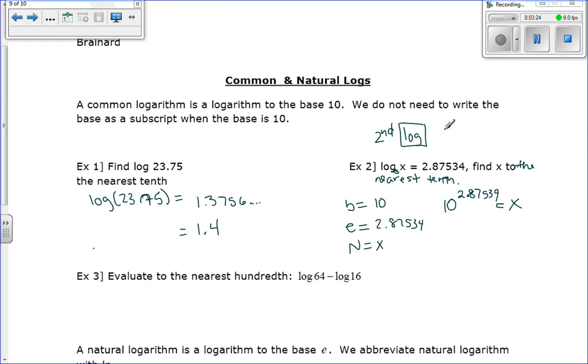When you type it in, you'll see 10 caret, and then you fill in the parentheses. In this case, you put 2.87534 in its place. And when I do that, I get 750.48 and a bunch of other digits equals x. The nearest tenth would be 750.5.